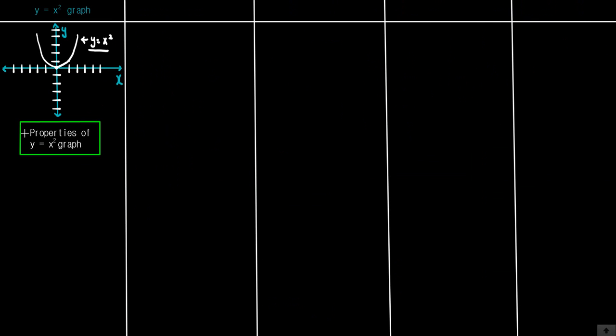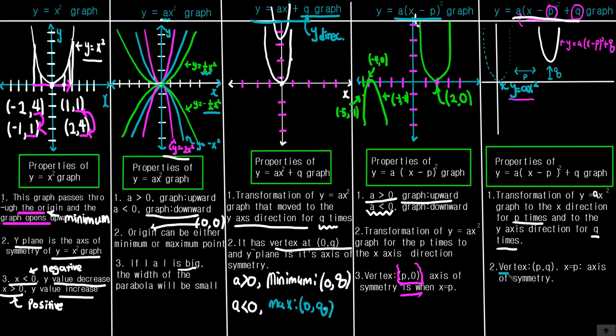Let's talk about the properties of this graph in terms of the y is equal to x squared graph. The reason why it has a vertex at (p, q) is because we know that the basic form of the graph is y is equal to ax squared, and the y is equal to x squared graph's minimum or maximum point depends on the a value. It is going to be the origin as we have learned, which means it is (0, 0). The x value is 0 and the y value is also 0.